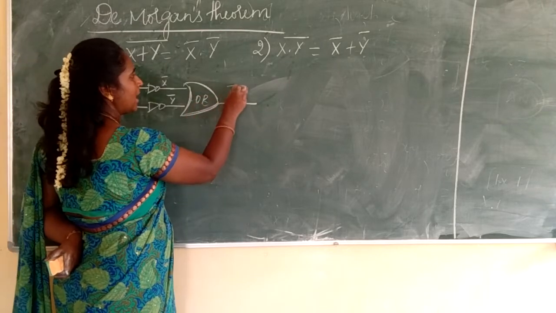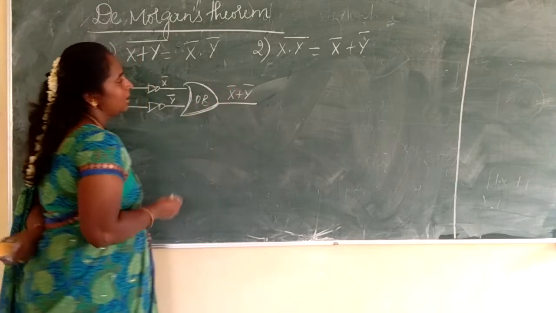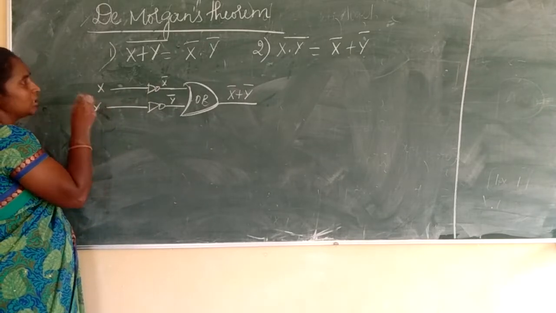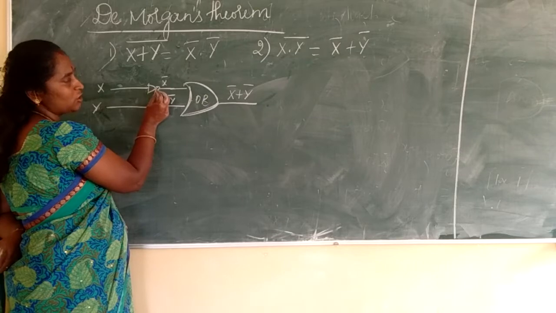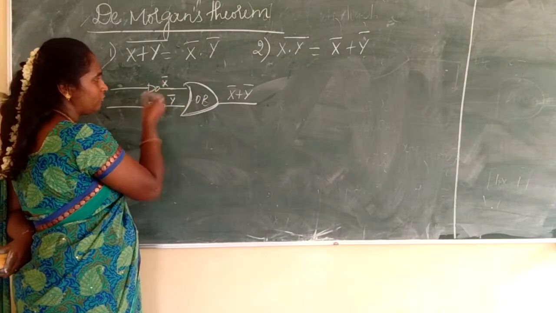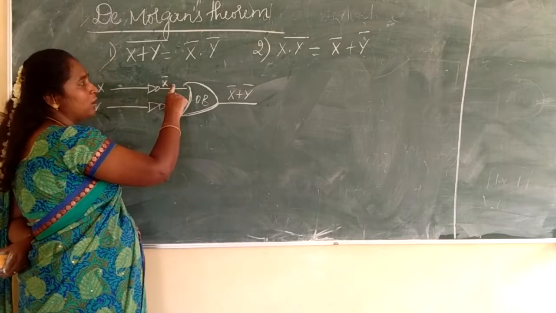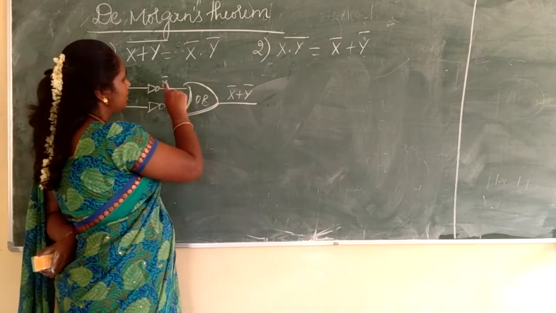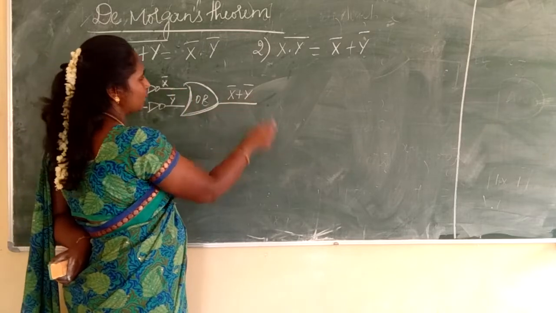So x bar plus y bar. I take x as the input and y as the input, then use a NOT gate, or inverter gate, which gives the complement of x and the complement of y. Then these should be ORed, a logical addition with the help of an OR gate. So this becomes x bar plus y bar.